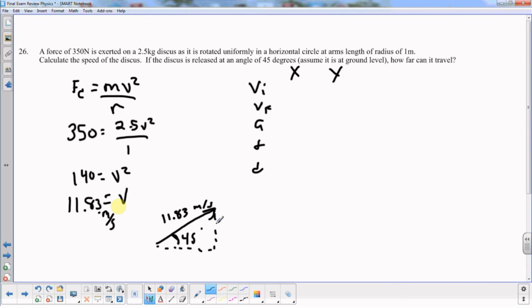We'll do that right now. Okay. And we need to know the initial velocity in both the x and the y. And I'm happy that this is here because we can refresh ourselves on this. 11.83 to get the x, 11.83 cosine 45. And this will be 11.83 sine 45. Okay, so this is also trig stuff.